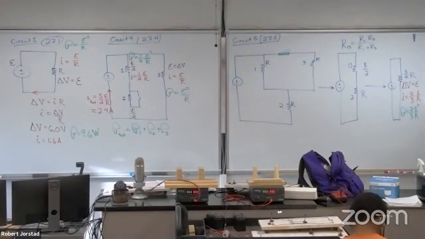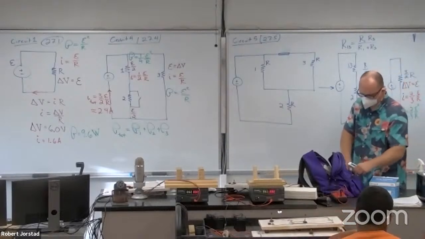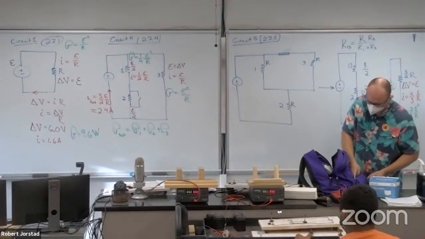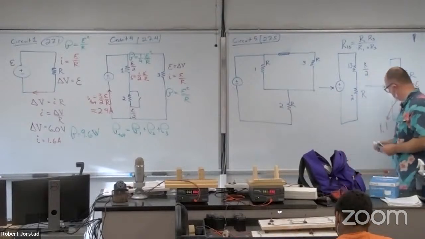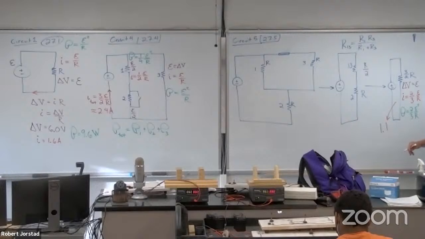If we had 1.6 amps before, what are we expecting now for the current through the battery? 2/3 of 1.6. 1.2. All right. 1.1. How about we just punch it in on the calculator? I don't care. Do you? I have no shame. What's that? All right? What's the next digit? Just so I know. Is it 1.16?